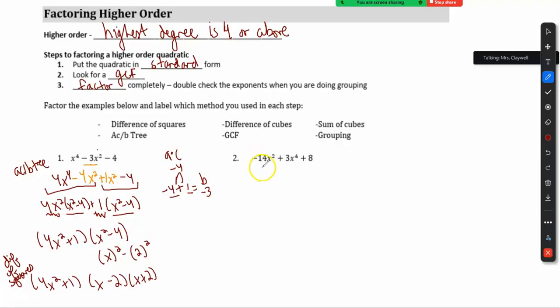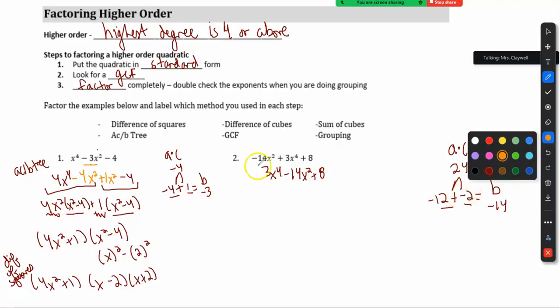Okay, let's try number 2. Put it in standard form, so let's do step 1. I do not see a GCF. I see 3 terms, when I have 3 terms, I do an ACB tree. A times C is 24, but adds to a B of negative 14, negative 12, and negative 2.